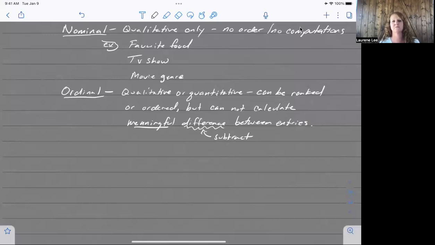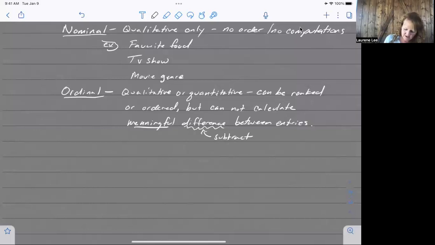So it makes sense for me to say today it was 10 degrees warmer than yesterday. That's an example of something that's not ordinal, because you can subtract the values. However, if I say, here's the top 5 movies from last year, it doesn't make sense to subtract movie names.